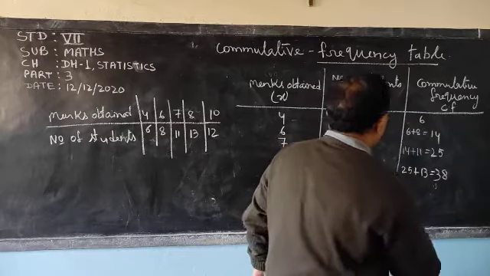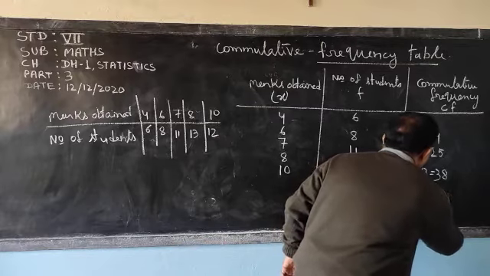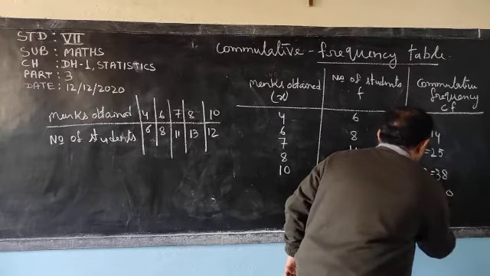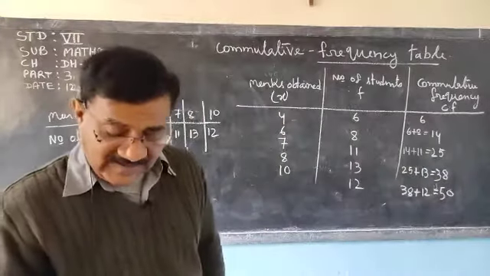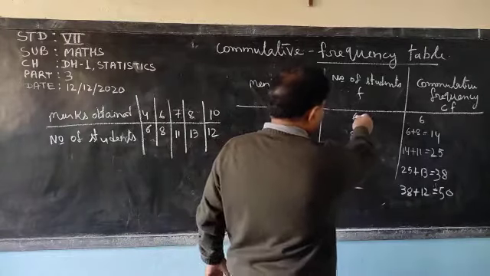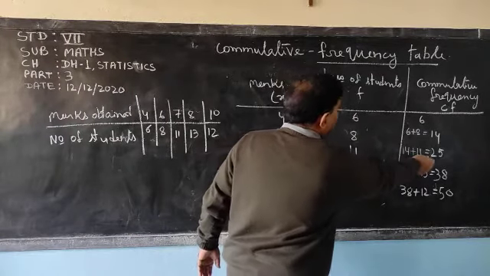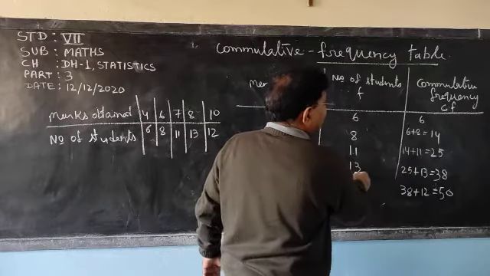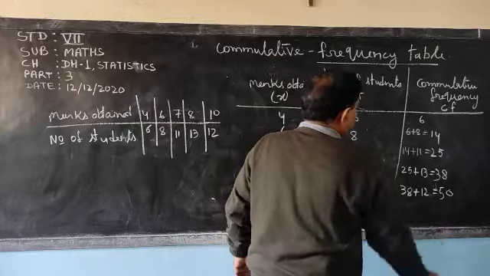And next, 38 plus 12 means 50. So first 6, then 6 and 8, 14, 14 and 11, 25, 25 and 13, 38, 38 and 12, 50.